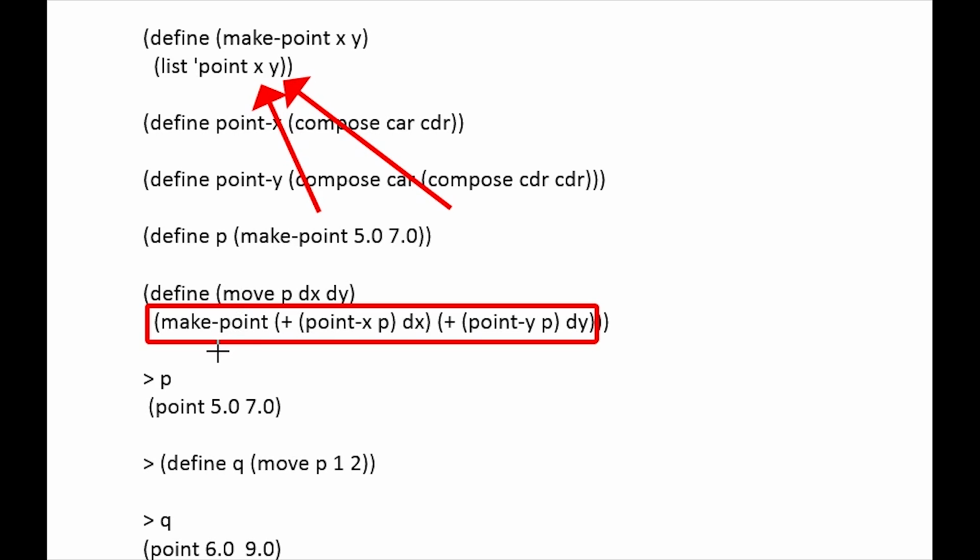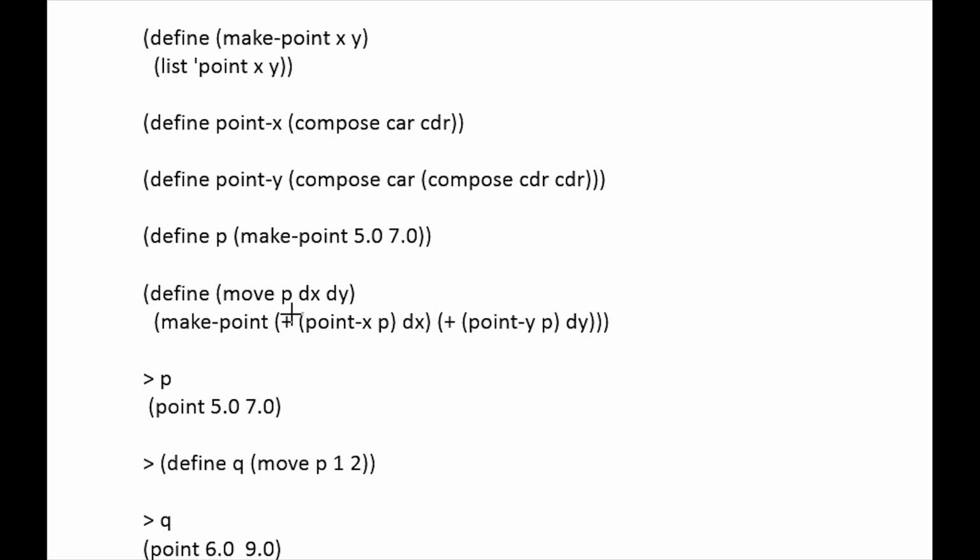If I want to move the point, I create a new point, which I return, and the new point is repositioned relative to the existing point. So the repositioning takes place here.